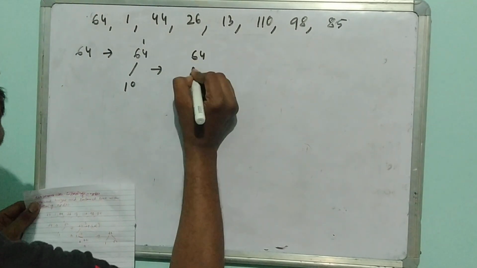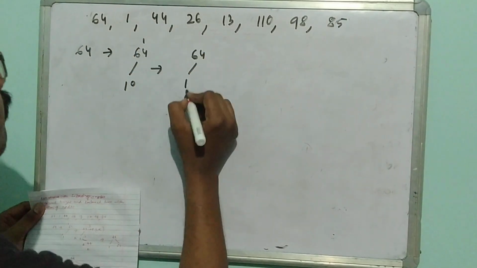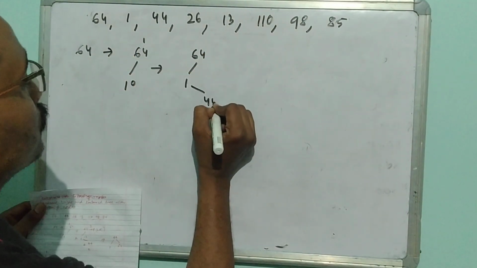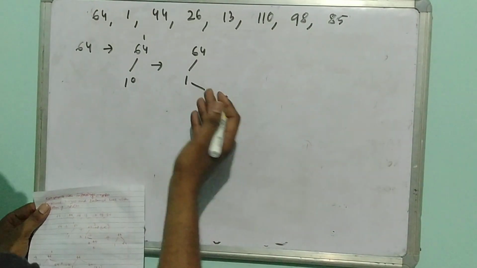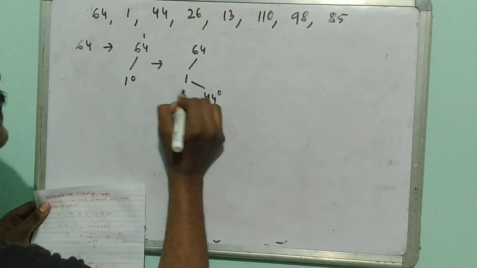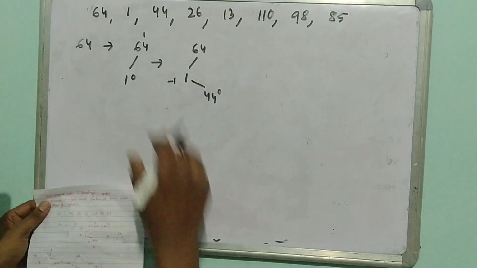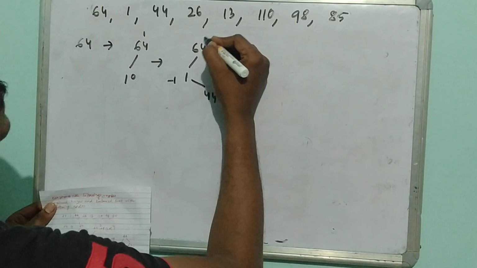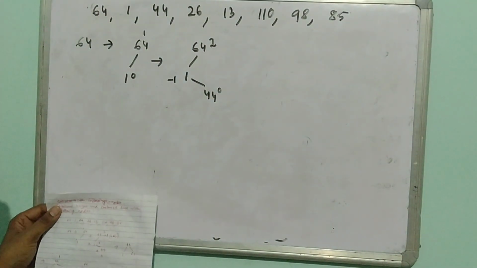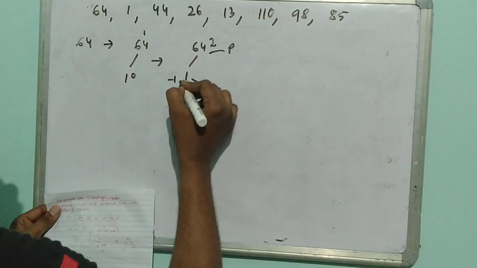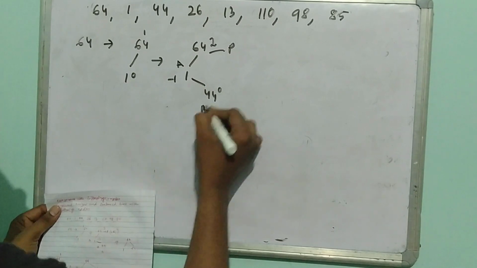Then 44 is inserted, obviously on the right side of 1. The balance factor is right heavy -1 for this node, and this one is left heavy, so it becomes 2. This is the pivot node P, this becomes A and this becomes B.